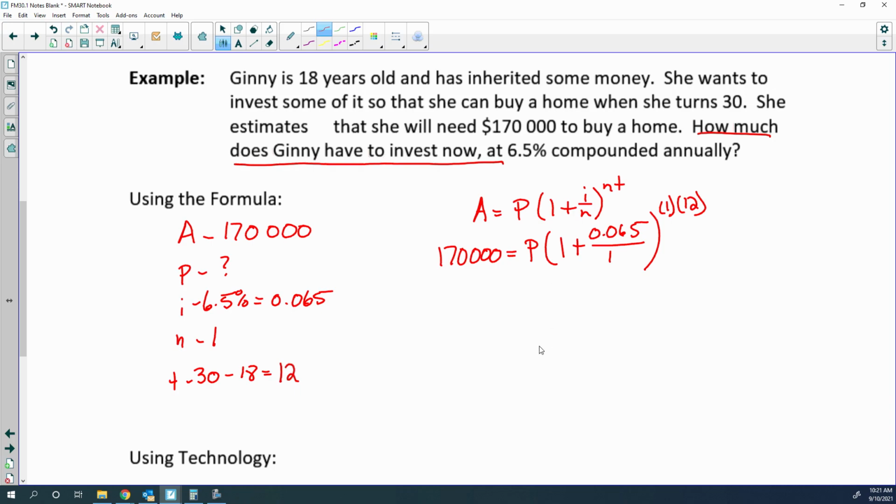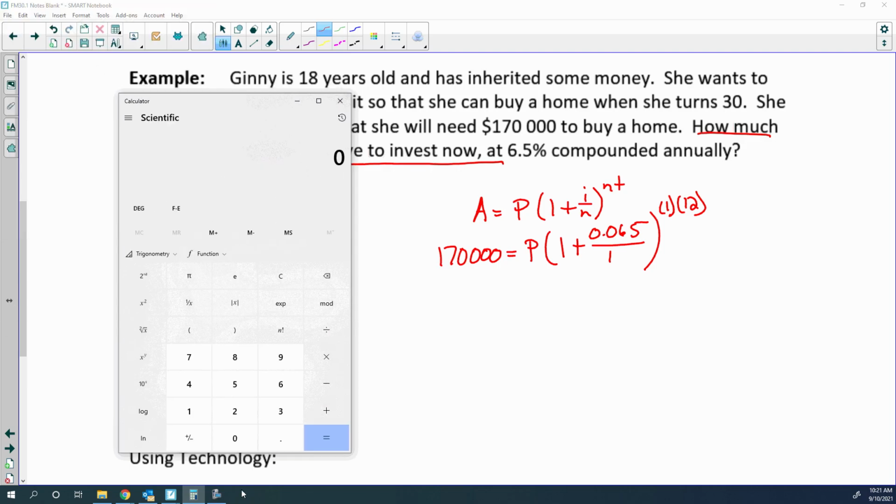Now I'm going to figure out what this bracket piece is going to be, so I'm going to pull up my calculator. Just like we were doing the calculations before, I'm going to start with my fractions: 0.065, divided by 1, which doesn't do anything, plus 1. Then I'm going to raise that to 1 times 12, and multiplying by 1 doesn't do anything, so it's going to be 12.